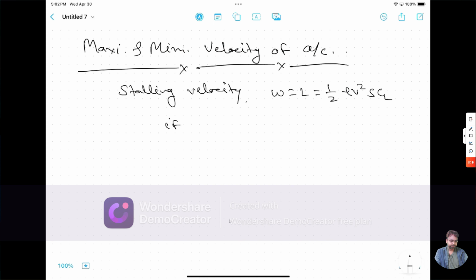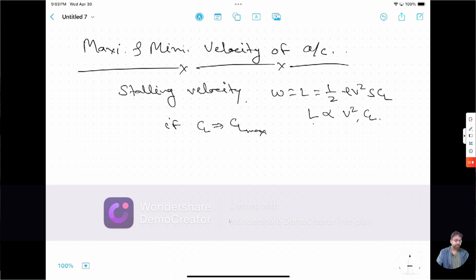If we make CL as CL max, at this point we are getting the lift mainly by the wing, not by the speed, because you can see here L is proportional to V square and CL.